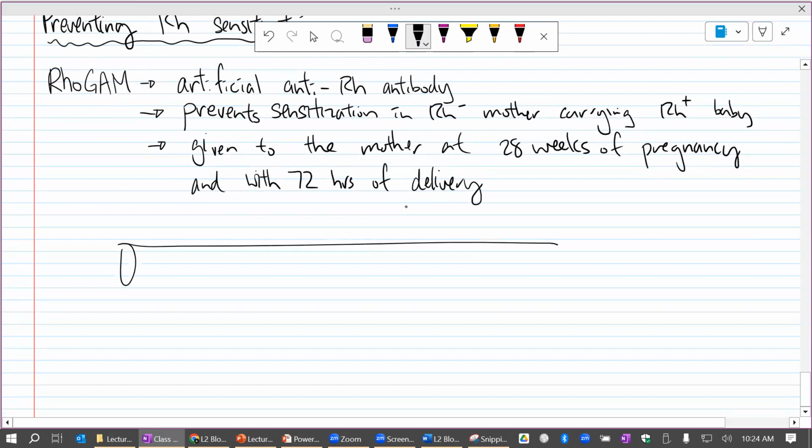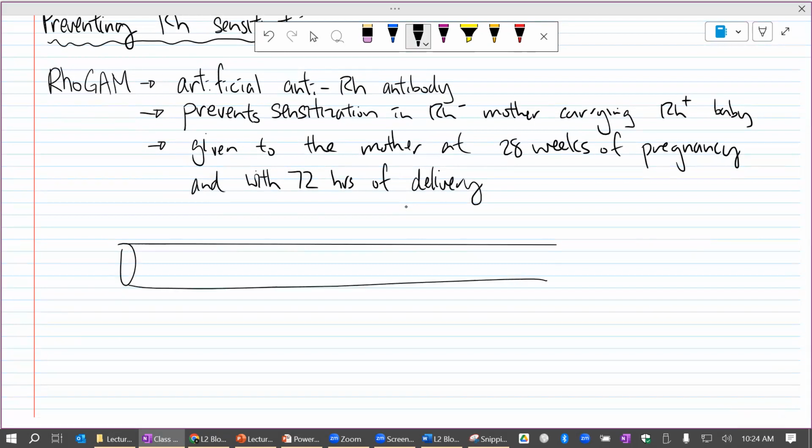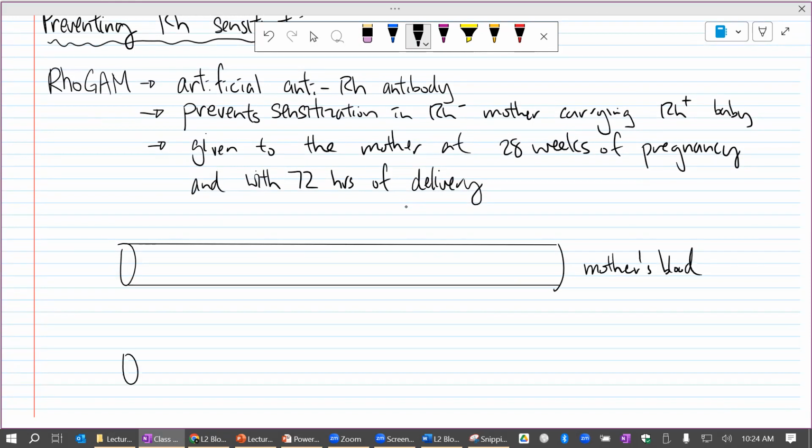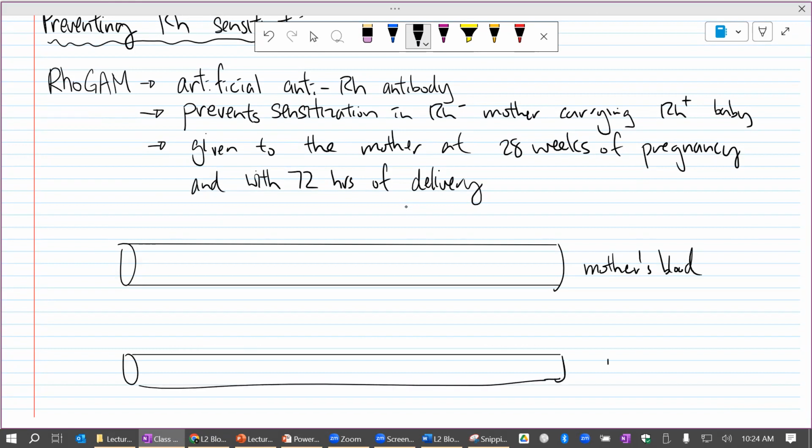So let me just draw this one more time. You are familiar with this drawing now. That's the mother's blood. This is the baby's blood. Baby is positive. Mother is negative. Okay, so let's go back to our first pregnancy.